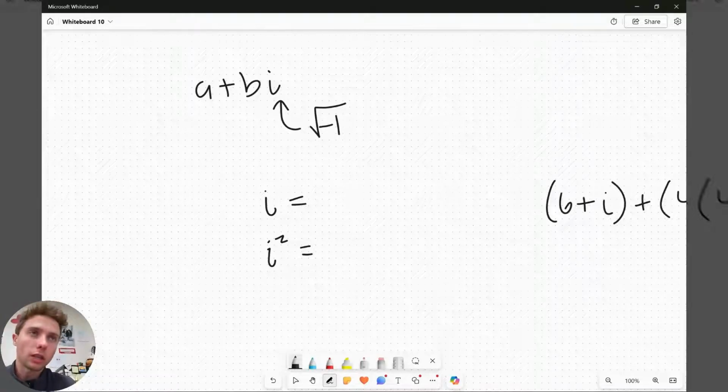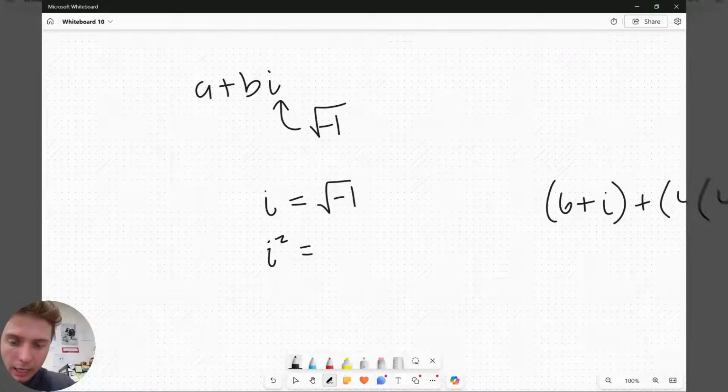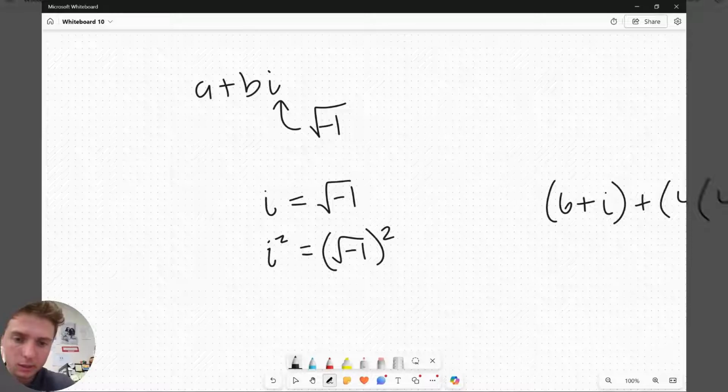What you can do with i is find a bunch of powers for it. We did that in class. It's not something that I'm necessarily going to go over right now. I'm just going to get to what we need to know for this topic, which is i squared. We know i is the square root of negative 1, so i squared is the square root of negative 1, squared.